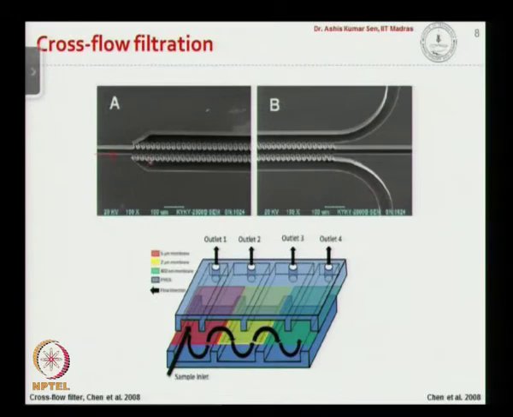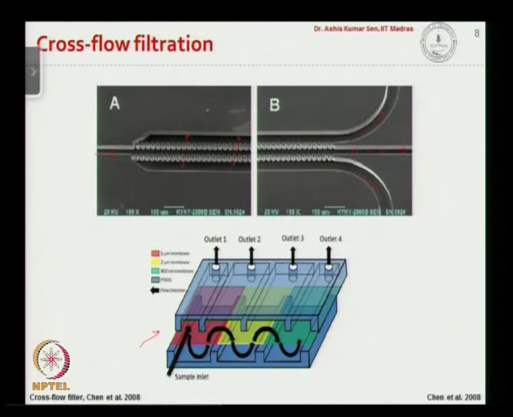So in this case you can see that as the sample containing particles comes in, through the gap between the posts on the sides of the channel, the pure fluid can escape where the particles cannot escape. So the pure fluid escapes through the posts on both sides, and the pure fluid is collected here and the particles are collected here. Okay. So that is the principle of cross flow filtration.